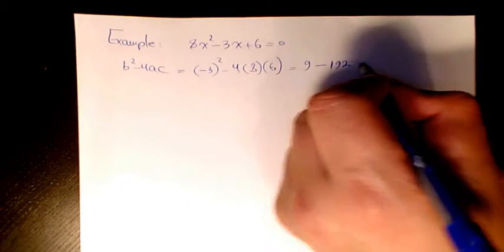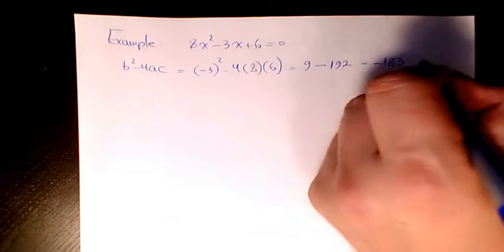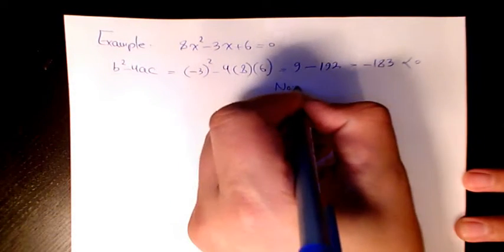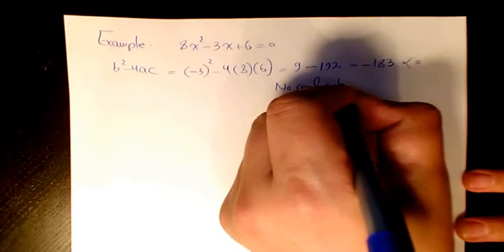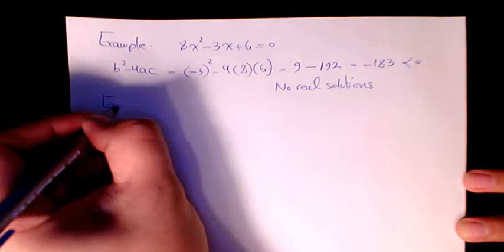That will be negative 183. And it is less than 0, so we have no real solution. Next example.